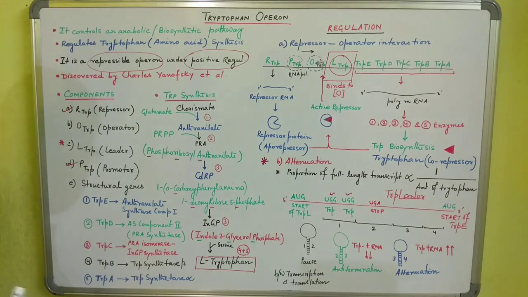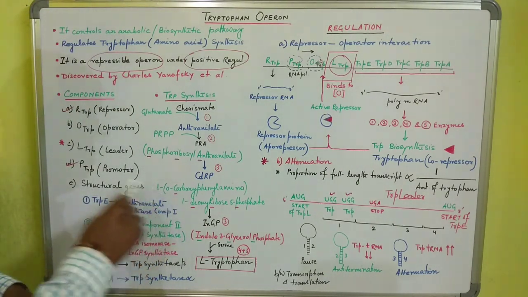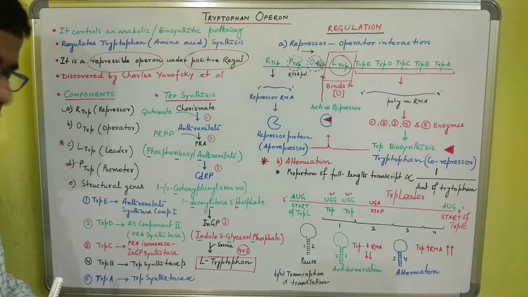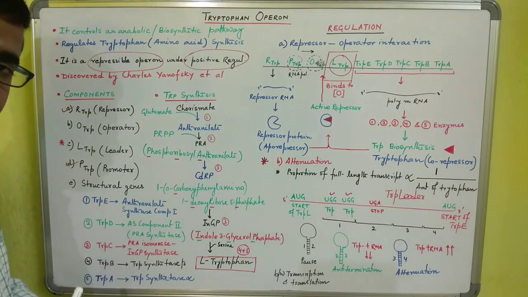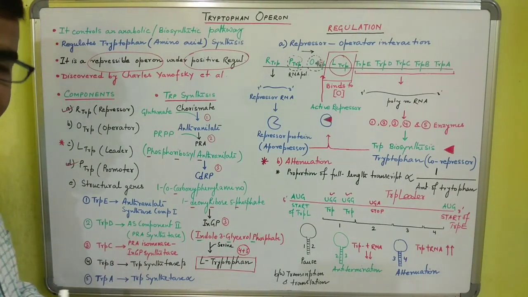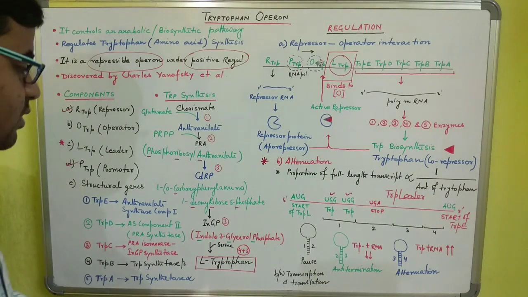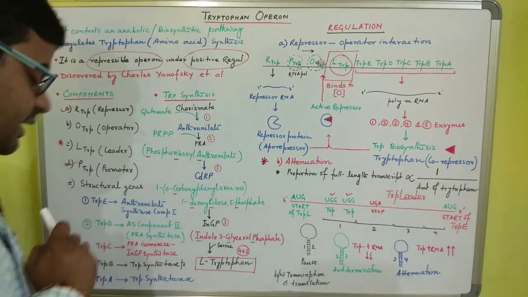Now what are these enzymes? trpE helps in the synthesis of anthranilate synthase component 1. trpD synthesizes anthranilate synthase component 2, also regarded as PRA synthetase, where PRA is called phosphoribosyl anthranilate.